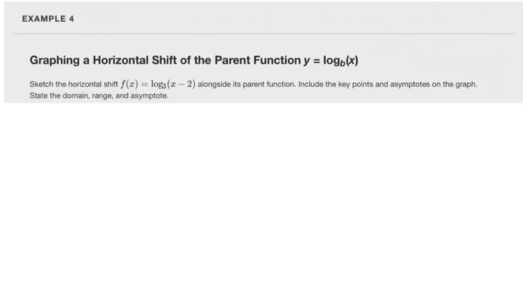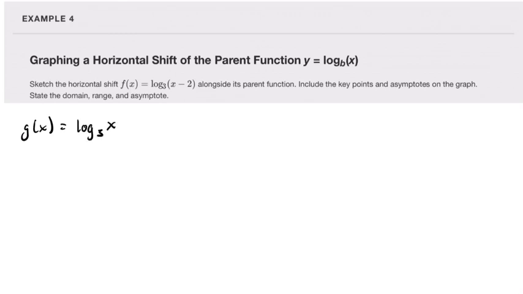I'm going to do something similar to what we did a moment ago. Okay. So we're going to let g of x be our parent function, where it's just log base 3 of x.